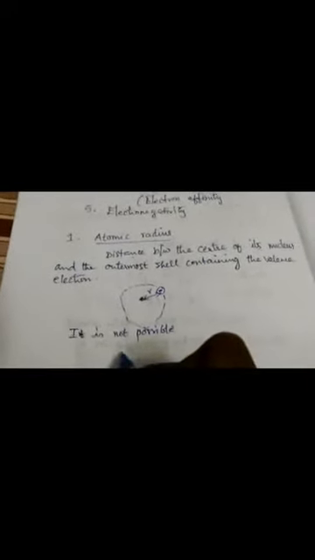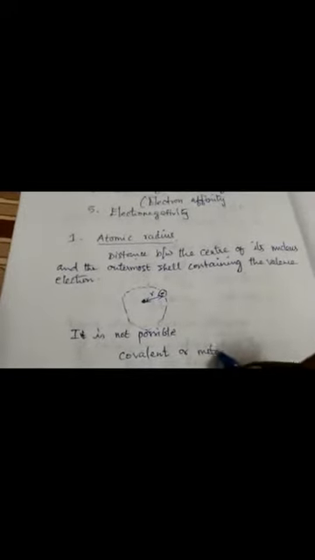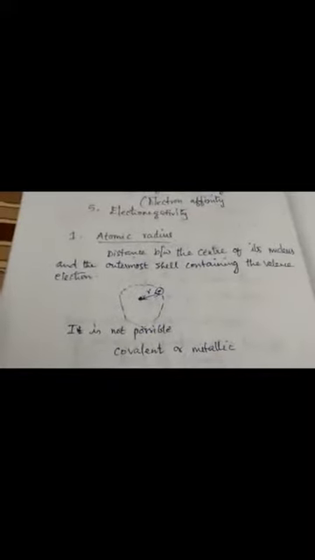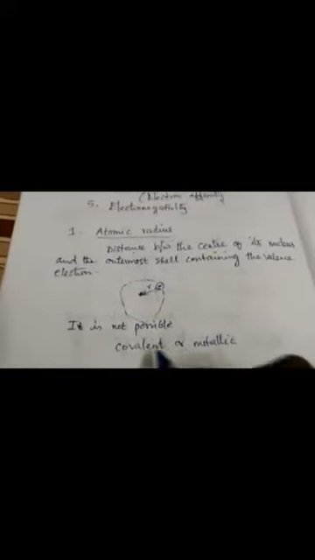The atomic radius is not possible to measure directly. So how will you measure it? We use covalent radius or metallic radius. Metallic radius is measured for all except noble gases.